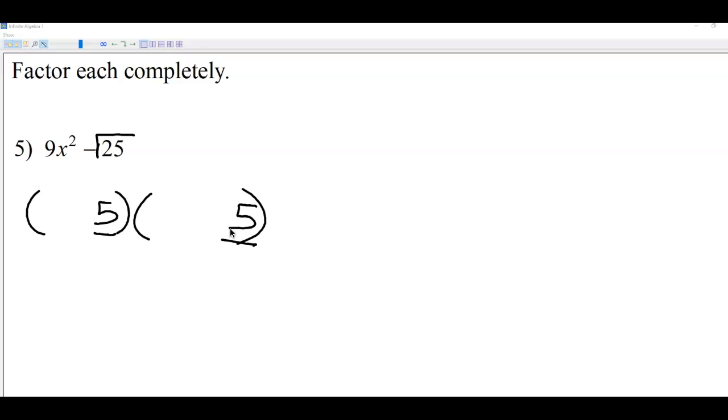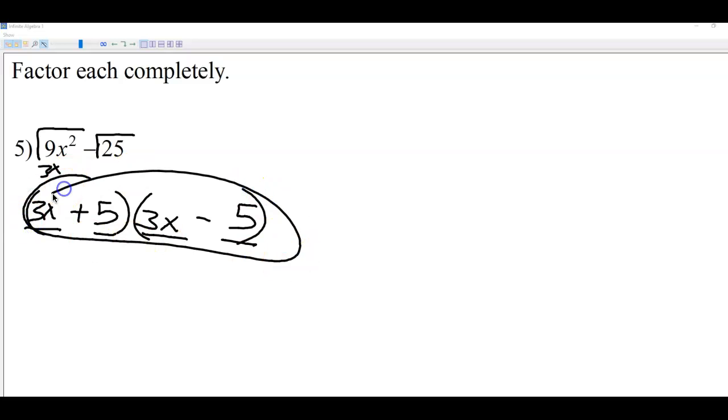Areli, what number goes here? Good. And also, since there's an x squared here, right, the square root of x squared is just x. So when you take the square root of this, you get 3x. So it's going to be 3x. And then one's a plus, one's a minus. And by the way, the order doesn't matter. If you put the minus first and the plus second, it doesn't matter because multiplication works the same either way. So there's that.